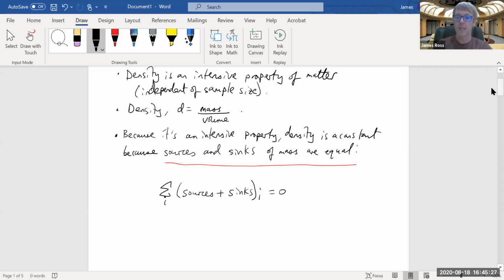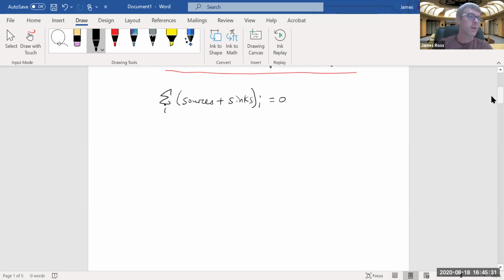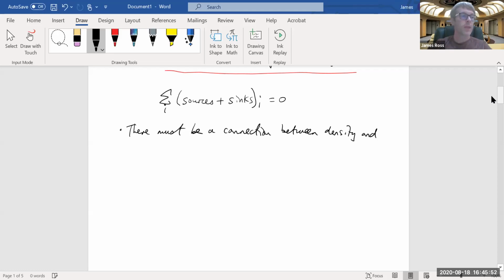So we're going to start to use the language of conserved quantities, which is a generic language. So there must be a connection between density and conserved quantities.